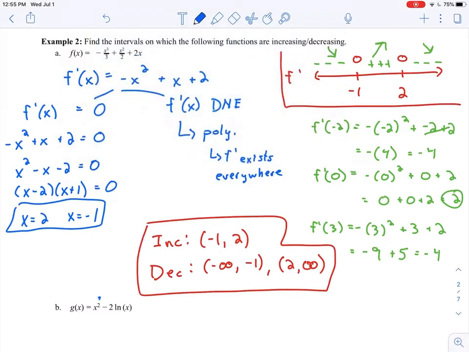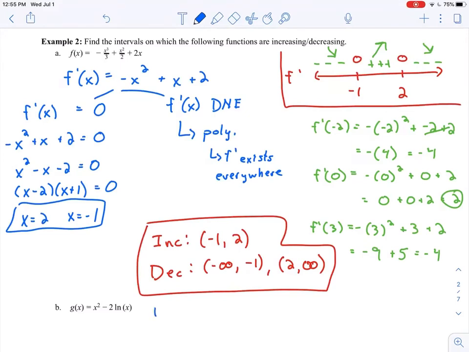But in this case, the domain of x squared is going to be negative infinity to positive infinity as well, so that's fine. But the domain of negative 2 natural log of x, or in particular just that natural log of x, that's perhaps going to be a problem. It's just something that we need to keep in mind. It's not going to make the problem tremendously harder, but it will impact our final answer.